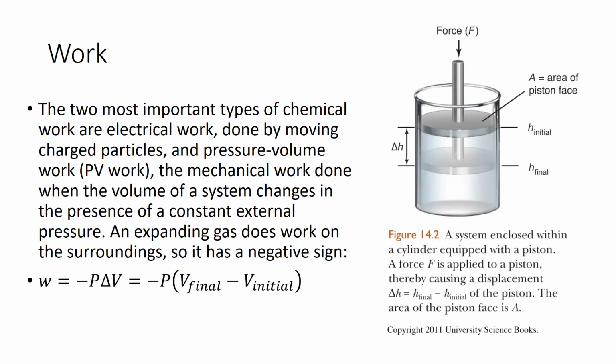Again, that's something you'll talk about more in Chem 102 in electrochemistry, when you start to see processes that get driven by electrical energy. The other type that we're really interested in here, and we're not going to touch on this a ton, and we're going to see why, is mechanical work, done when the volume of a system changes.